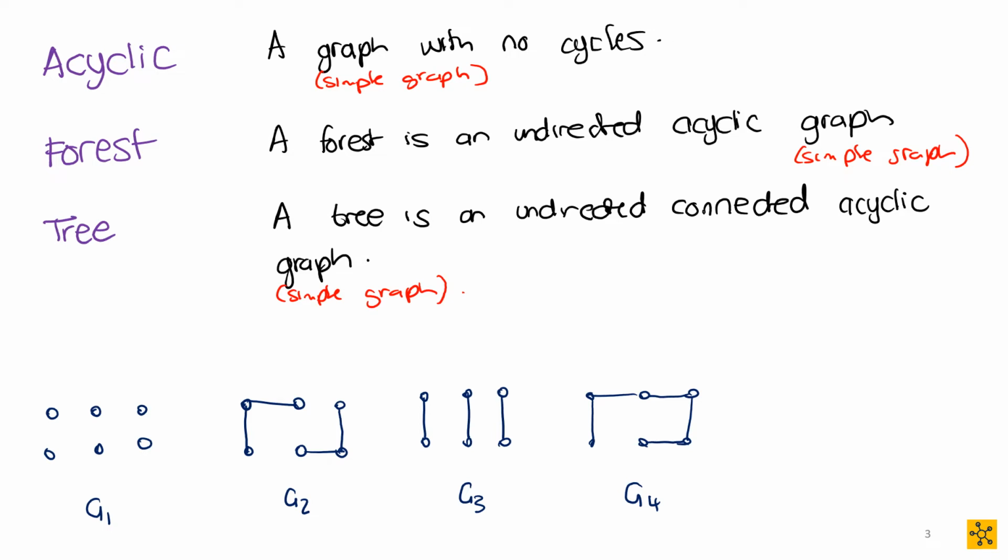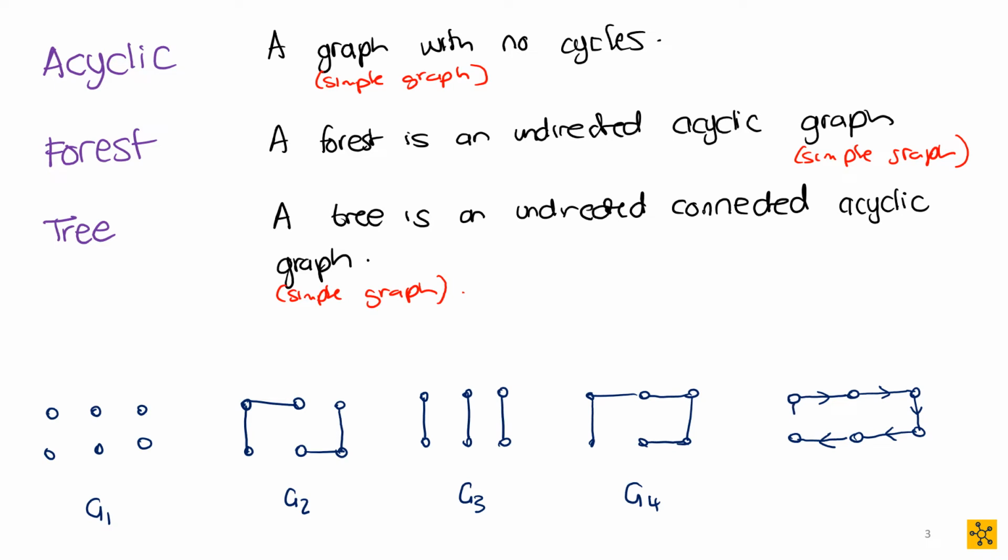What I could have done, and we haven't done directed graphs yet, but let's just do it anyway, so you can see the narrowing down situation of this. You could have an acyclic graph where, when you have an edge with an arrow through it, it only goes in that direction. So with a graph with no cycles that is directed, you could have a situation very similar to this G4 where we just have one piece missing.